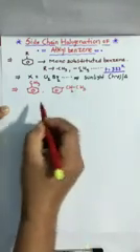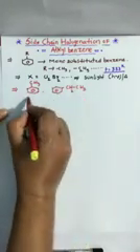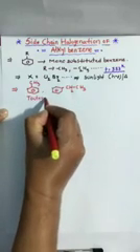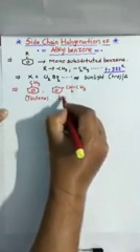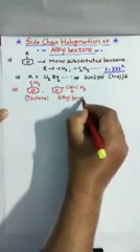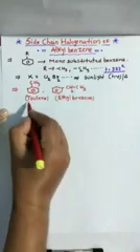This is methyl benzene, this is ethyl benzene. Methyl benzene has another common name, toluene, and this is ethyl benzene.